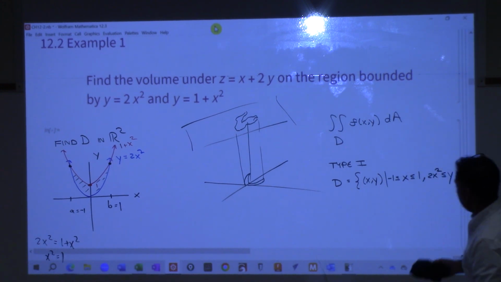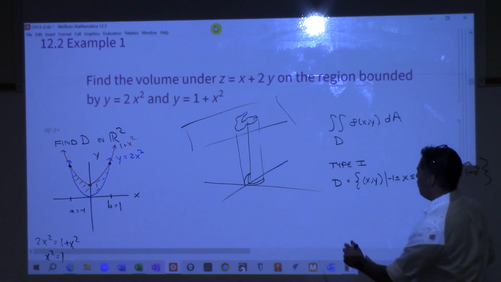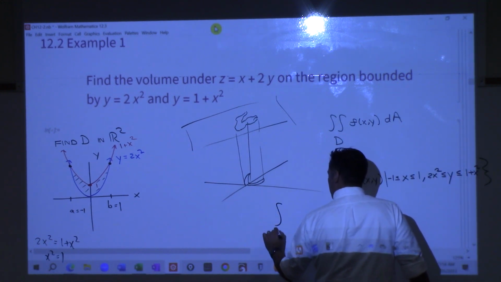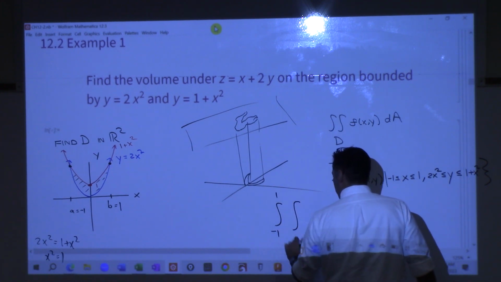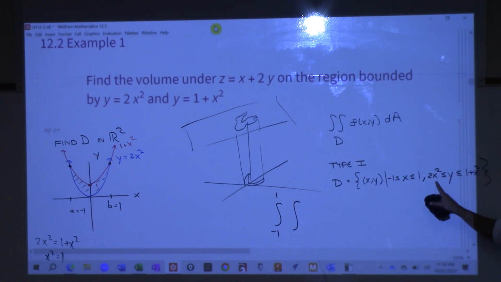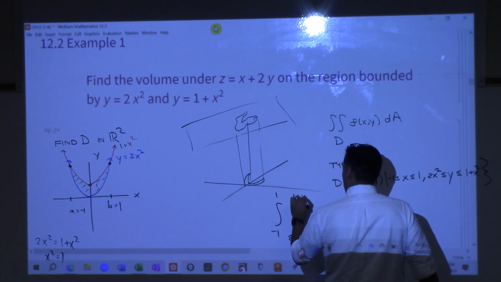And then with that, we can set up the double integral. Because it's type 1, we're going to say integral from -1 to 1, then integral from lower limit to upper limit, so 2x squared to 1 plus x squared.